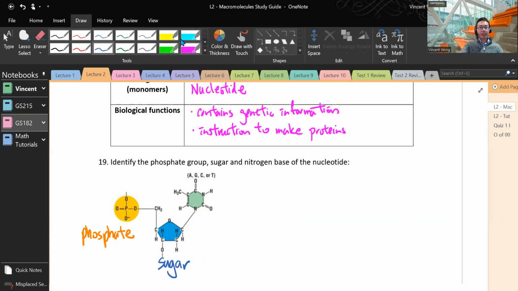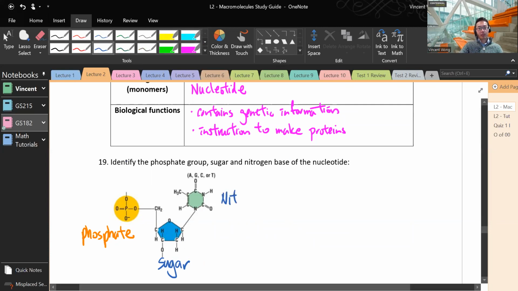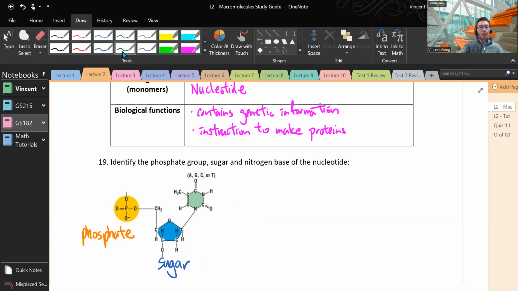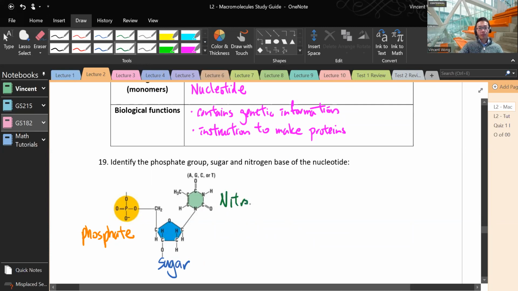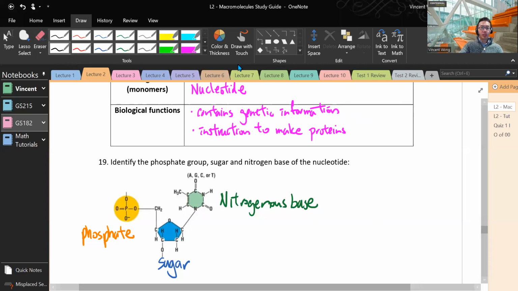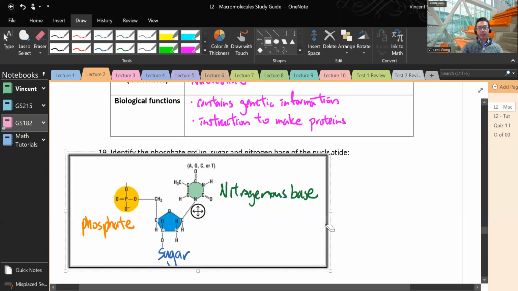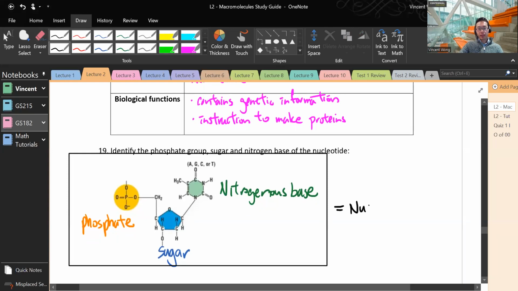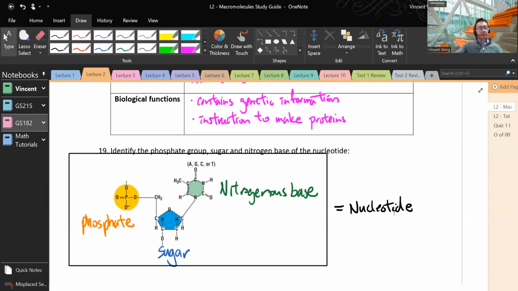And we have a nitrogen base, or a nitrogenous base, as it's sometimes called. Together, it makes up a nucleotide, the building blocks for nucleic acids.